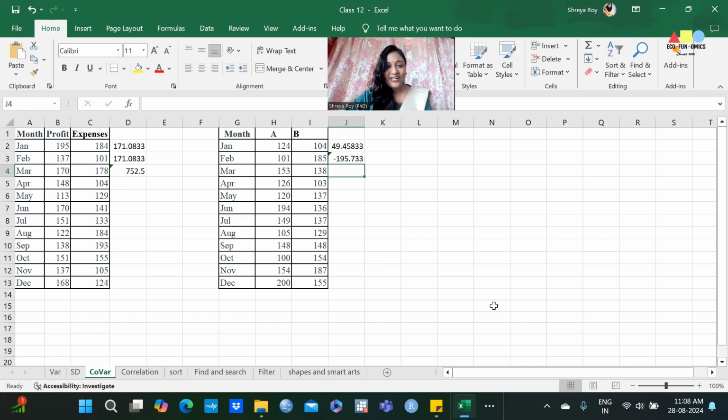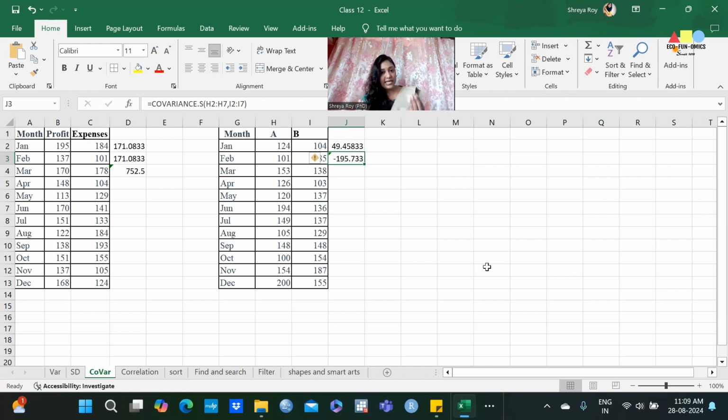Okay. Now let's take a look and understand. The covariance over here is positive and the covariance over here is negative. Understood? Now, when we have a positive covariance, we say that X and Y are positively related, meaning as X increases, Y will also increase. However, when we have a negative value, we say as X increases, Y decreases. I am repeating. If the covariance is positive, as X increases, Y also increases.